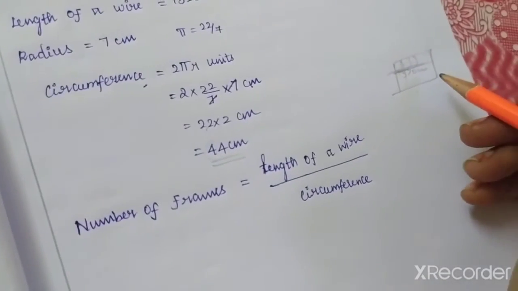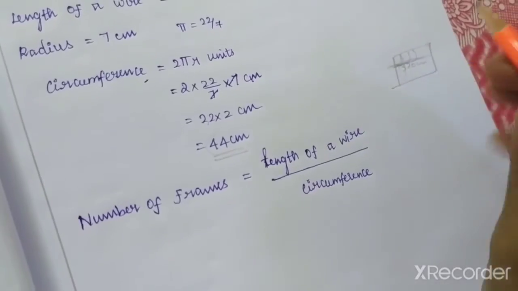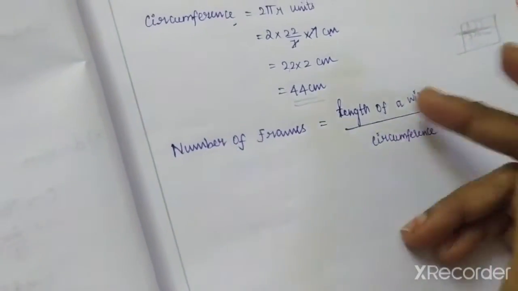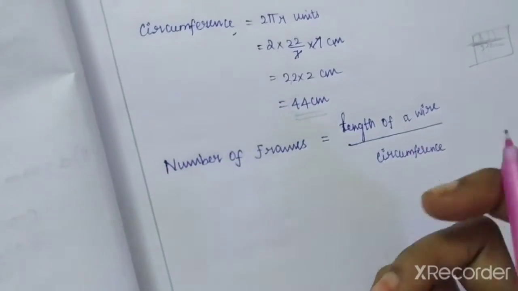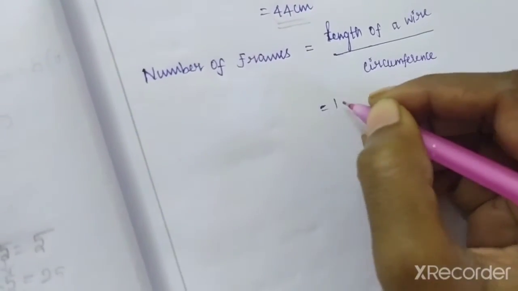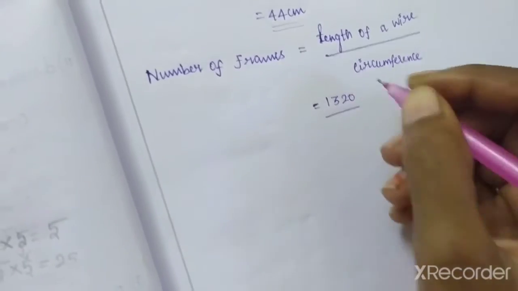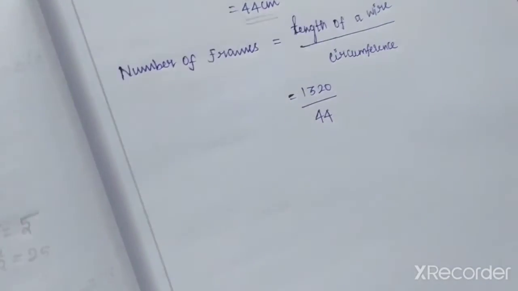Mathematically, how can we tell? By using the division. That is the length of the wire, because this is bigger, and from the bigger you are getting a smaller part, right? So 1320 by 44.